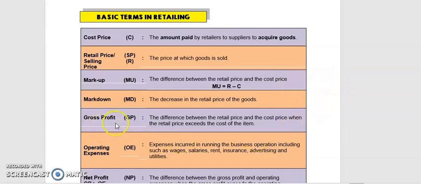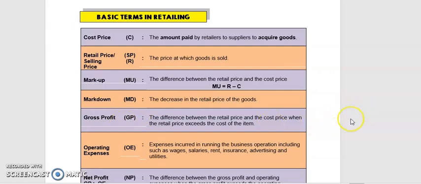Next, gross profit, GP. Gross profit is the difference between the retail price and the cost price when the retail price exceeds the cost of the item. So when selling price is more than cost, then we say that we will get gross profit.